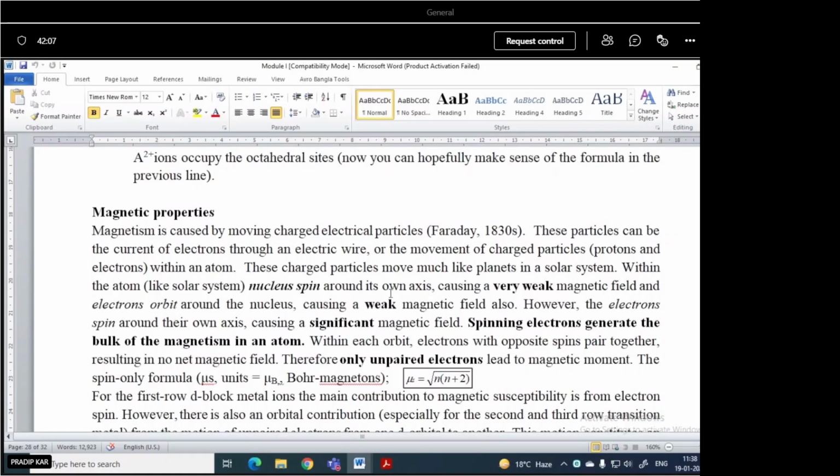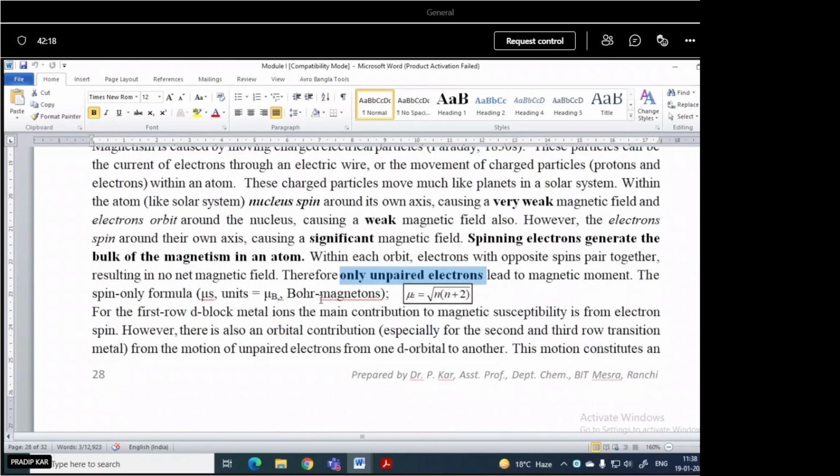Yes, sir. Here is the formula to calculate the magnetic moment: we have to know the number of unpaired electrons. If we know the number of unpaired electrons, the magnetic moment mu equals root over n(n+2), where n is the number of unpaired electrons.